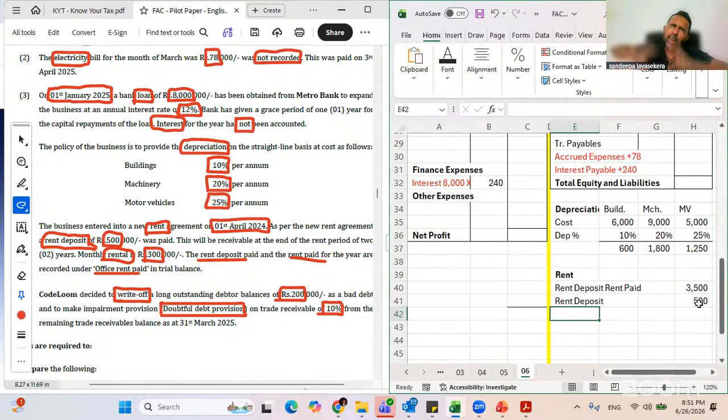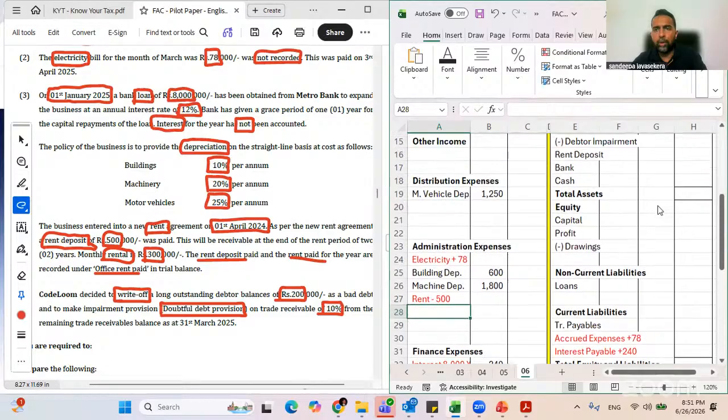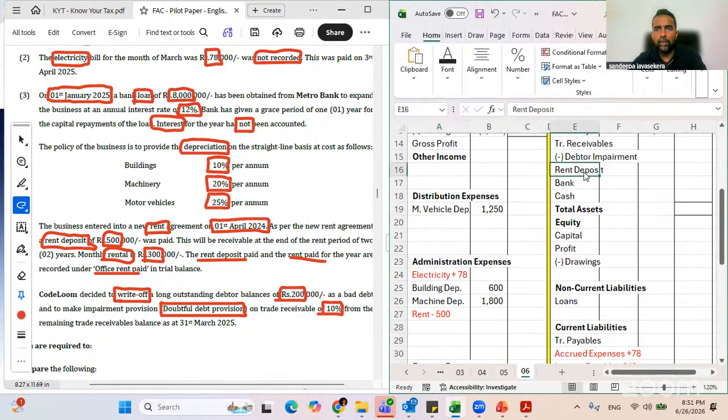You have kept 500 with the landlord because after the rent agreement you can get it. So you have to remove that now. So from the rent, I'm going to remove 500, the deposit, and I'm going to recognize it under the rent deposit. So under the rent deposit, I'm going to recognize 500.